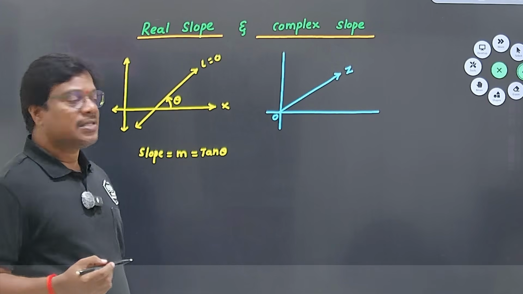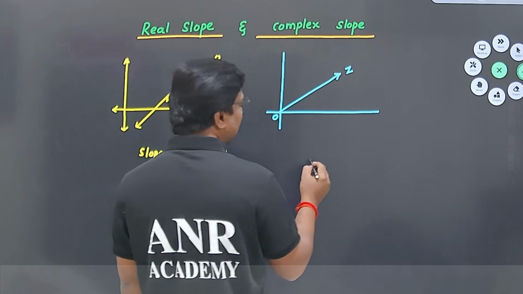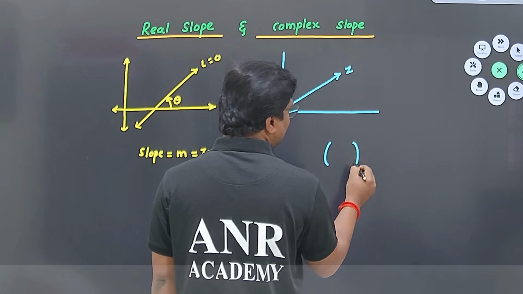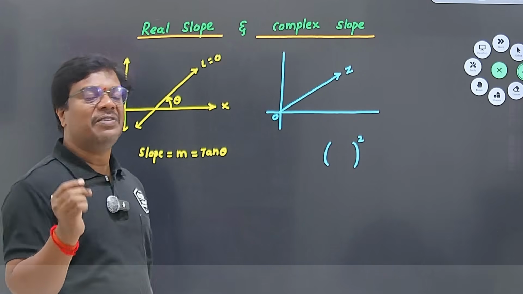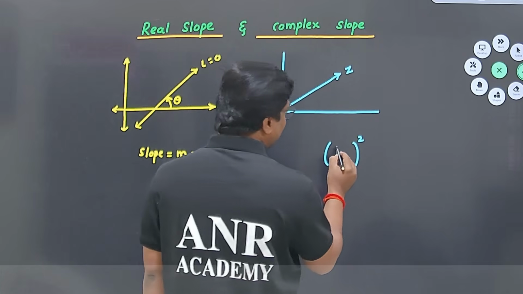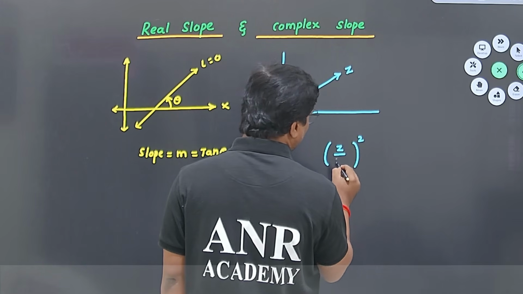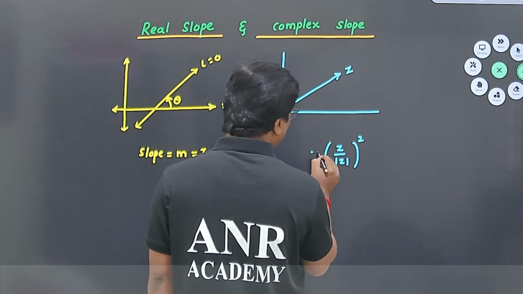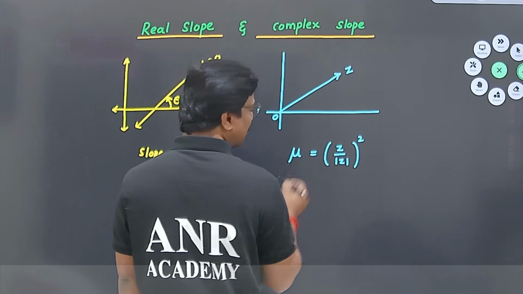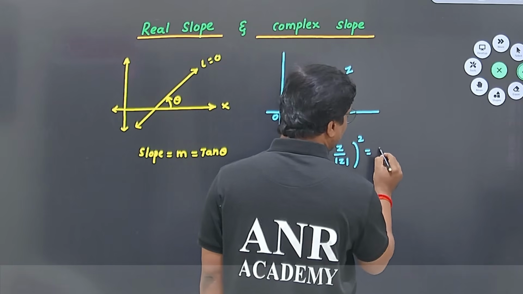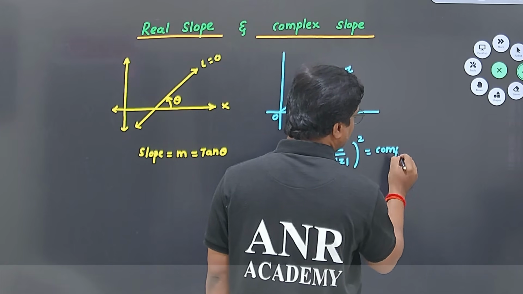Then the square of unimodular of z means the unit vector of z, that is z by modulus z, and it is the complex slope denoted by mu. This is the basic definition of complex slope.